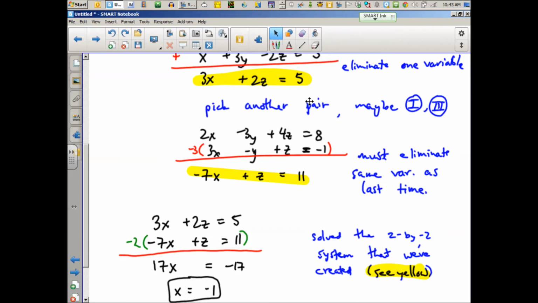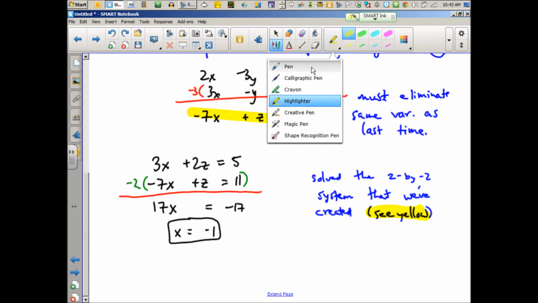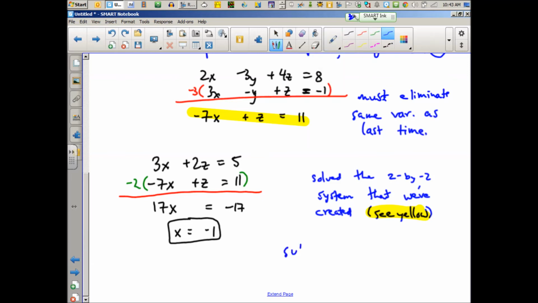Okay, once you have x, the problem's kind of in the bag. What you would do now is take your x and plug it into any equation anywhere. I suggest you use one of the yellow equations. So let's substitute x into one of the yellow equations, any two-variable equation you've seen.